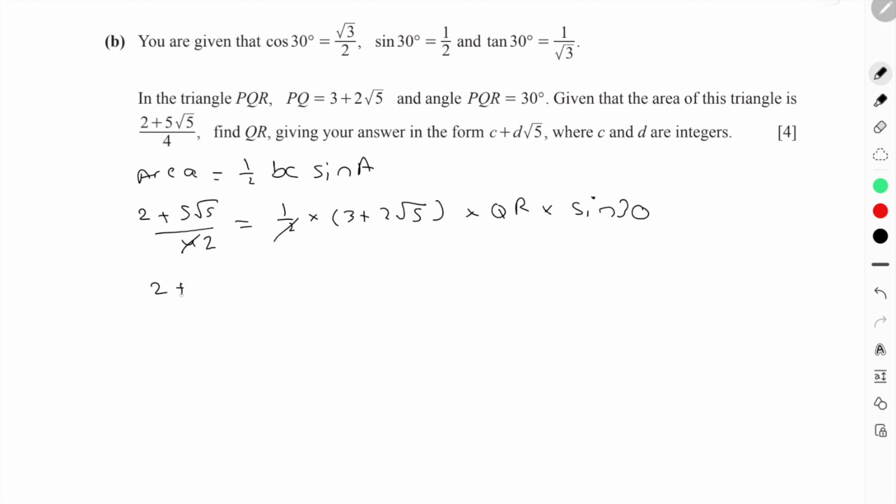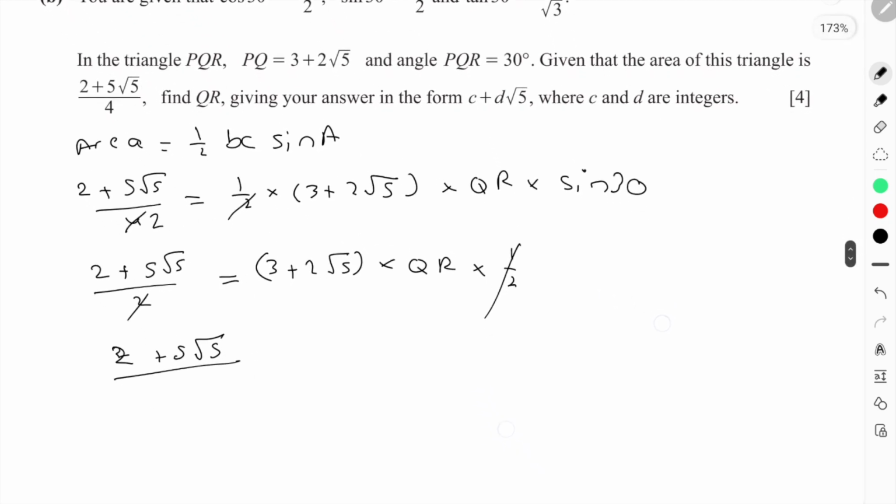And now we just try to simplify it, I guess. Alright, it's not as bad as I thought it would be. So we divide both. Okay, so what I did was basically I cancelled out the 2, and then sine 30 is basically half.